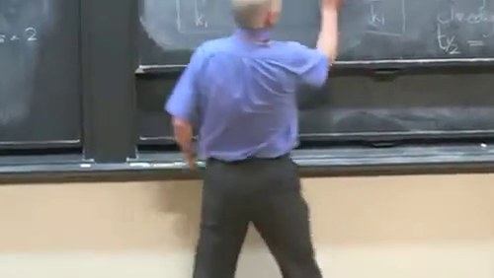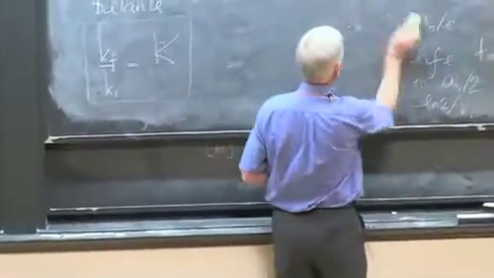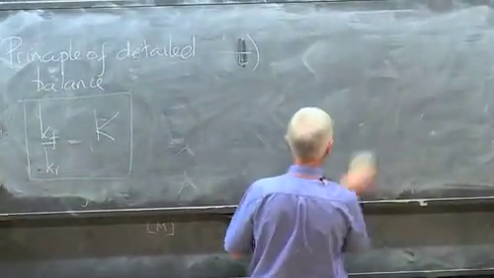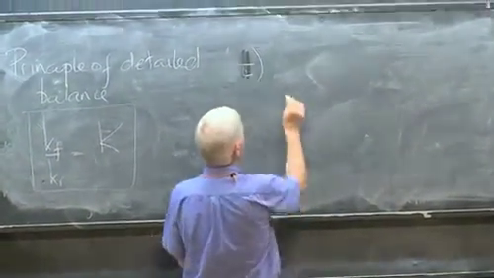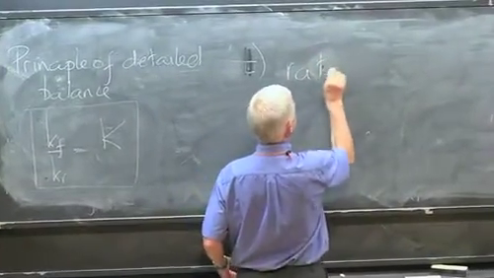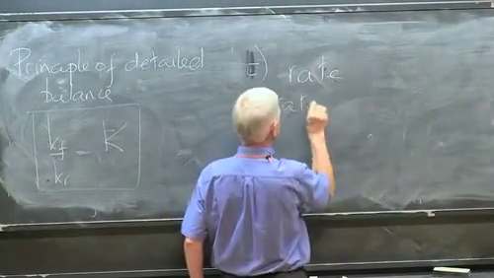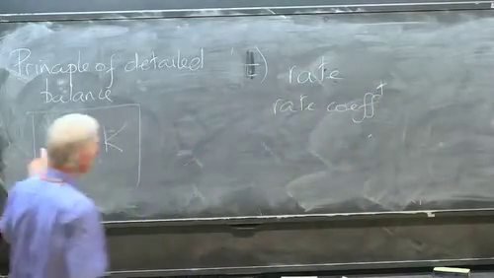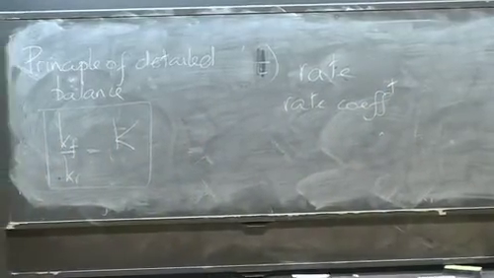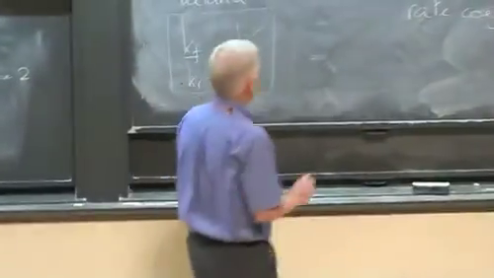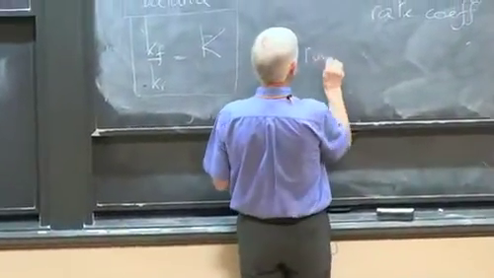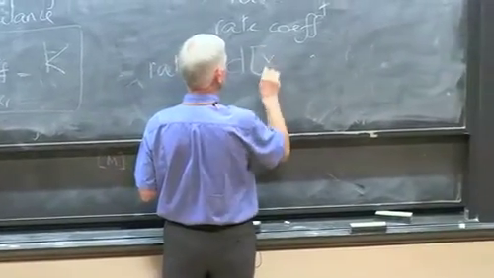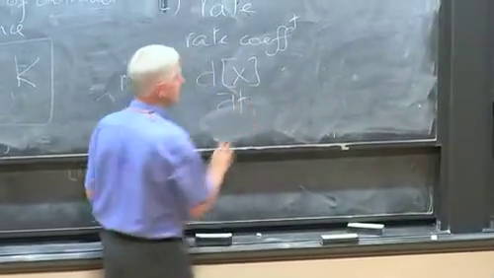One thing that is important to remember is the difference between rate and rate coefficient. Here we're talking about rate coefficients. The rate is equal to dx by dt.